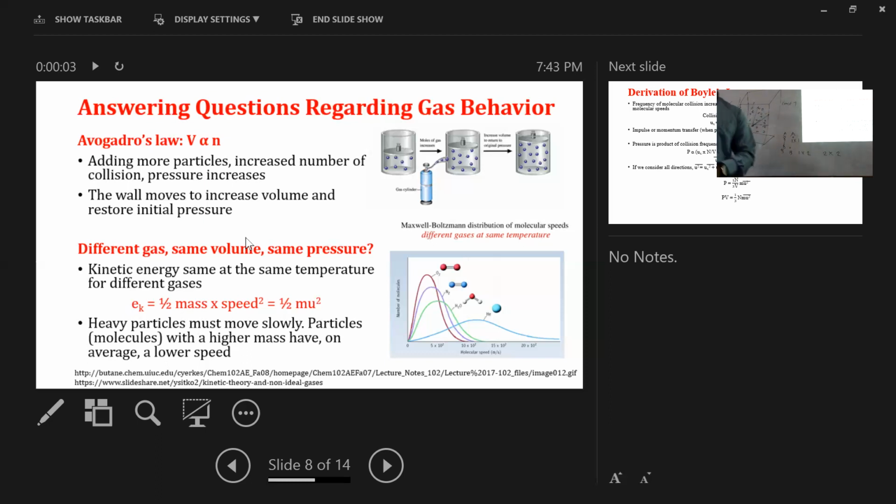So here we can see that kinetic energy is the same at the same temperature. If several types of gas molecules have the same temperature, then all the molecules will have the same kinetic energy. How is it possible? Heavy particles must move slowly. I cannot run very fast. Molecules with a higher mass have on average a lower speed.